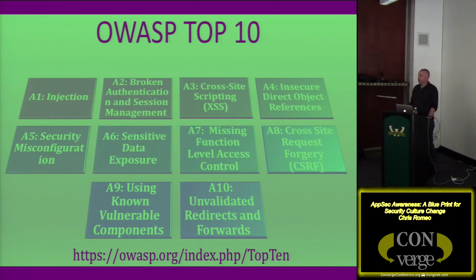OWASP is a great organization for lots of different information related to AppSec. If you've never visited the OWASP website, you definitely should go there and find a program or a project to get involved with. But when I think about the OWASP Top 10, we've been having these same vulnerabilities over time, right? We're not getting any better.